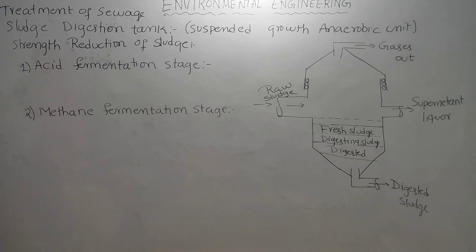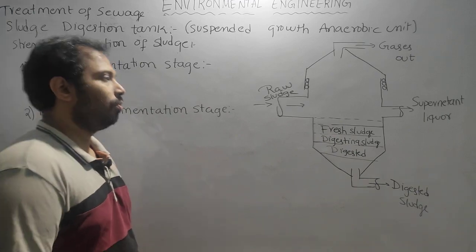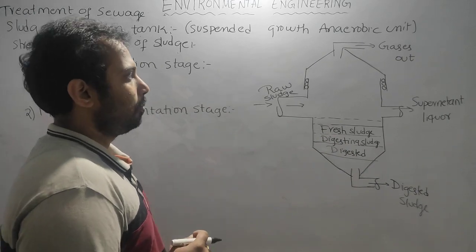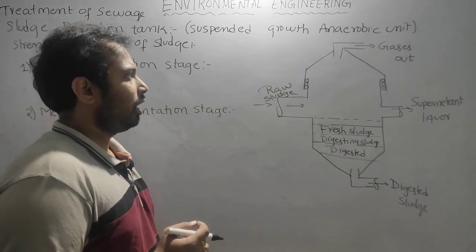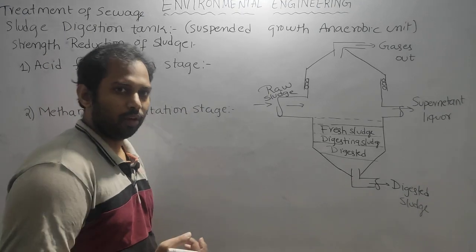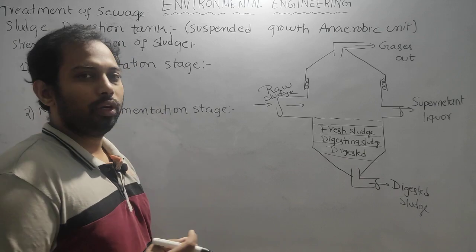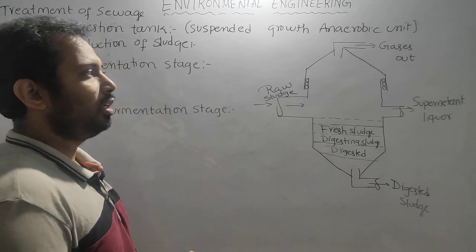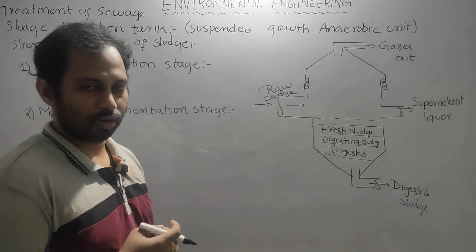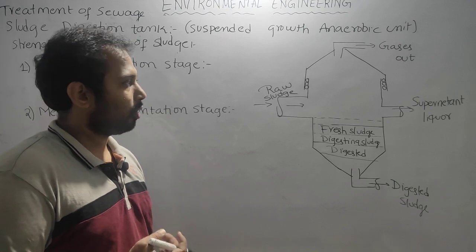During this process, how much gas it is producing is a very important concept, because I told you again and again, methane gas is very important as it has a calorific value. So we need to understand how much gas is being generated per kg destruction of organic solids.